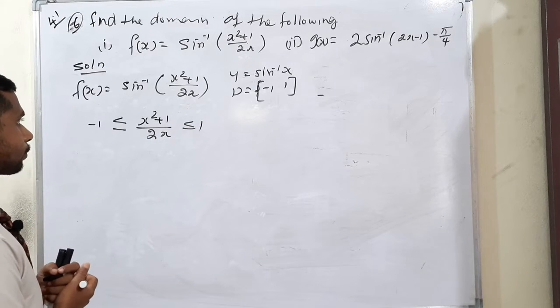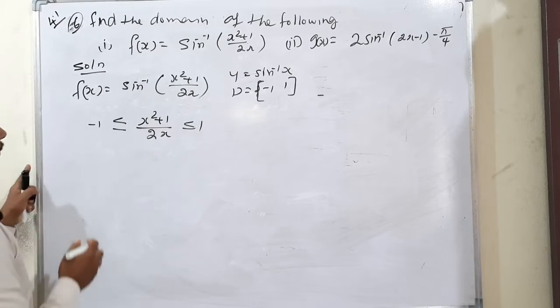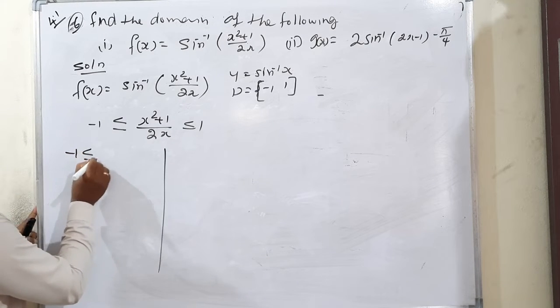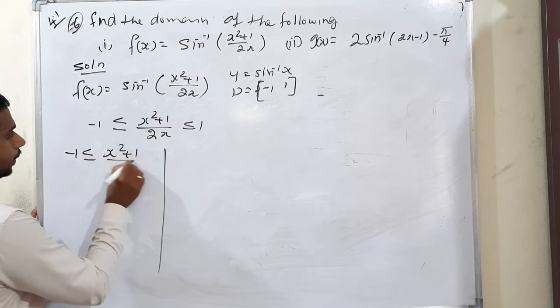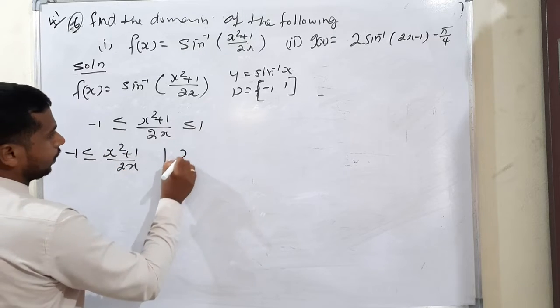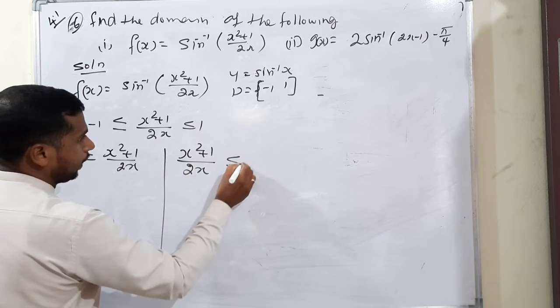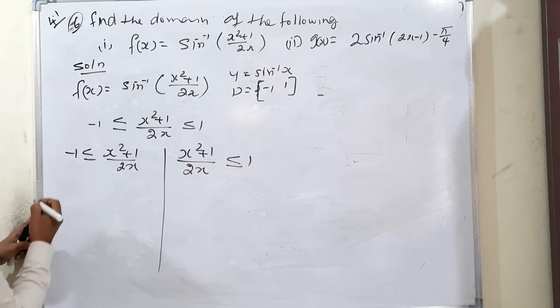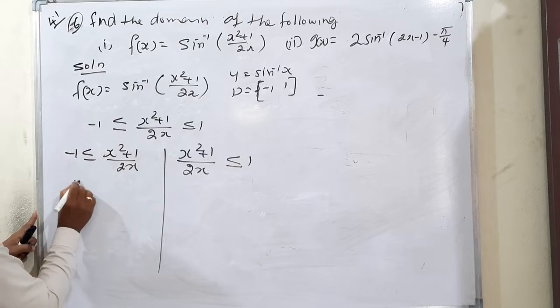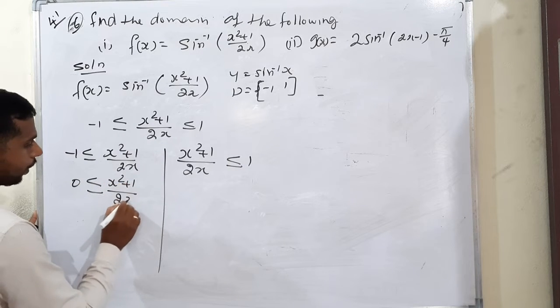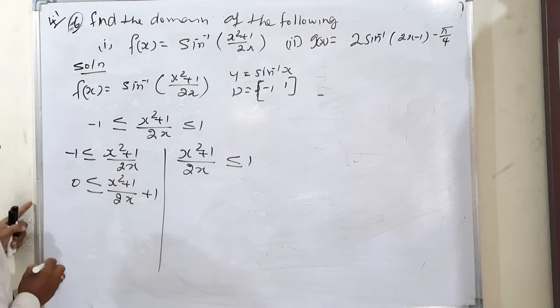Therefore, if we separate the terms: minus 1 is less than or equal to x square plus 1 divided by 2x, and x square plus 1 divided by 2x is less than or equal to positive 1. Again, bringing minus 1 to the opposite side, 0 is less than or equal to x square plus 1 divided by 2x plus 1.